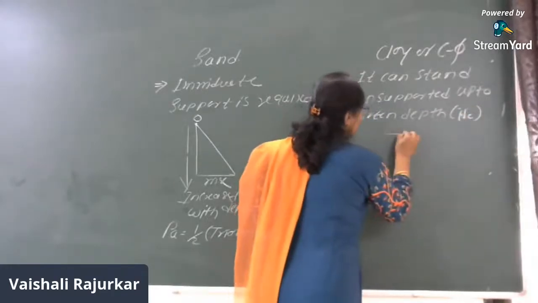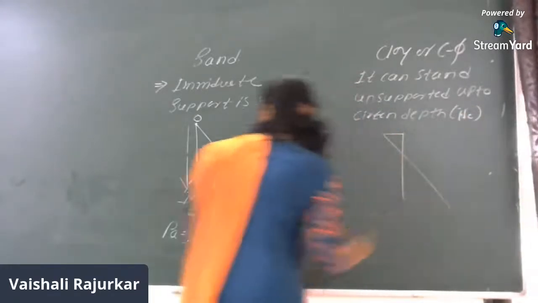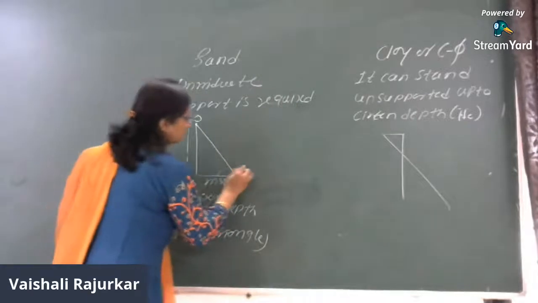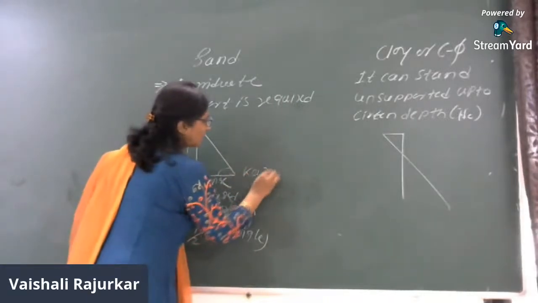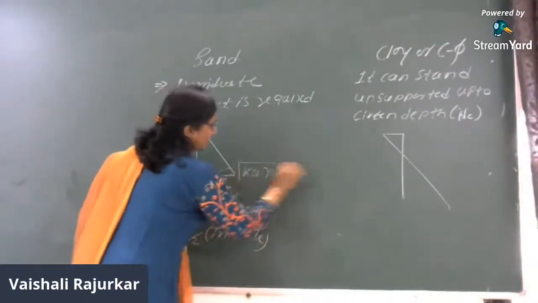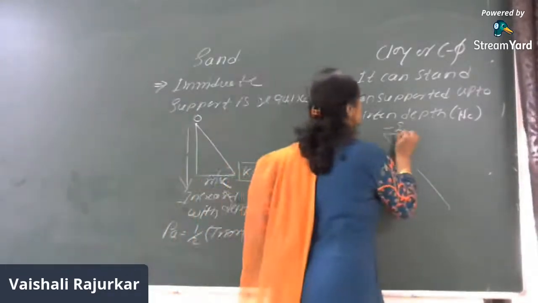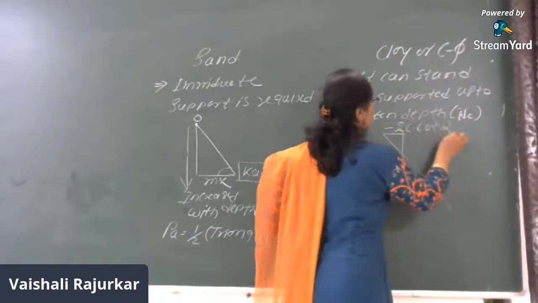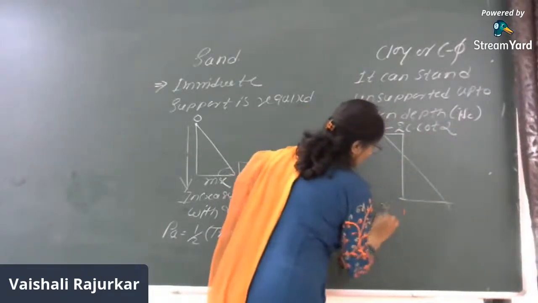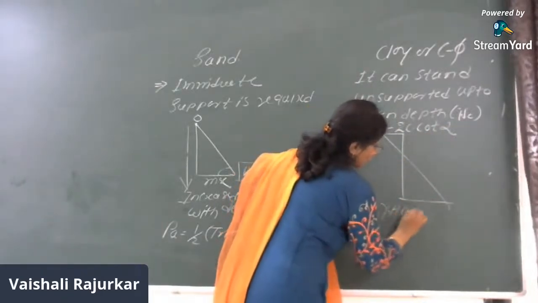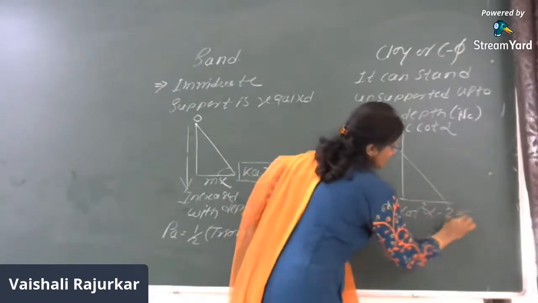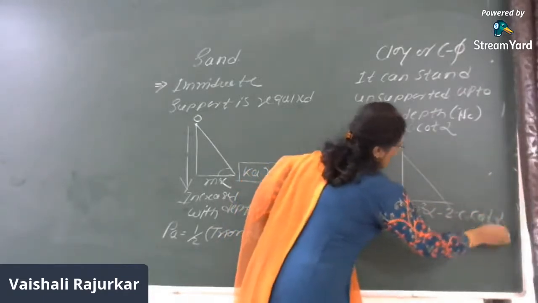Here, the distribution diagram is like this. What is the intensity at the bottom? It will be Ka into gamma into H, minus 2C cot of alpha, upon gamma into H cot square alpha minus 2C cot of alpha.